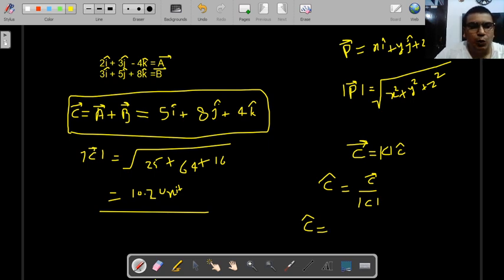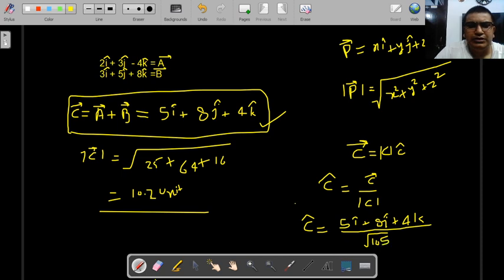So that is the direction of vector c, that is a plus b. c cap is vector c, and the value of vector c is here, that is 5i plus 8j plus 4k, and just divide this whole vector by its magnitude value, that is root 105 or 10.2.